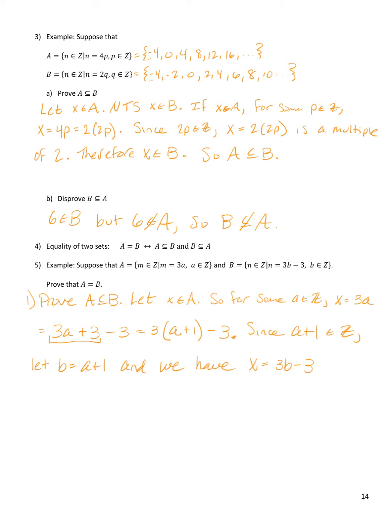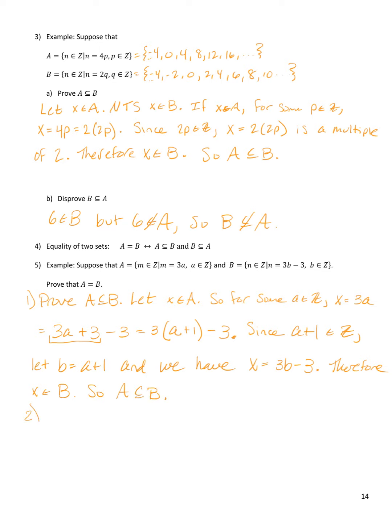And that's the definition of containment in set B. So, right, set B was 3b minus 3. So, x must also live in set B. Therefore, x is an element of set B. So, A is contained in B.